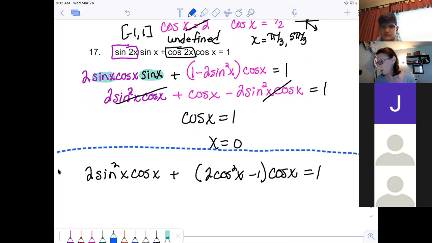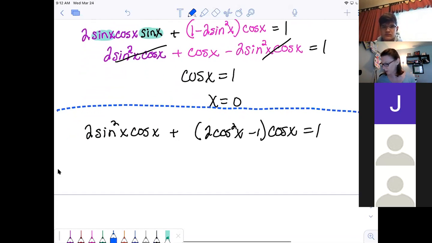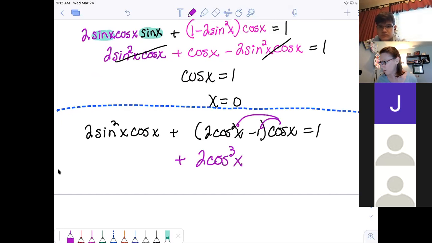So this is way 1. Peter said he used one of the other formulas, and he distributed this, and you have 2 cosine cubed minus cosine. All right, so for those of you that tried the other formula, this is another way. Remember, there's multiple ways to work through these trig equations.